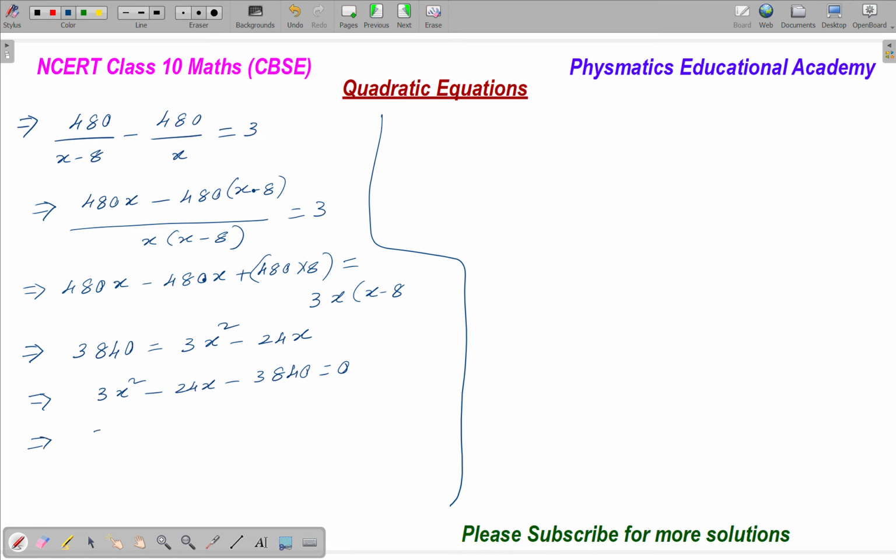Again, further simplification, taking 3 as common, x square minus 8x minus 1280 is equal to 0. That implies x square minus 8x minus 1280 is equal to 0, which is a quadratic equation.